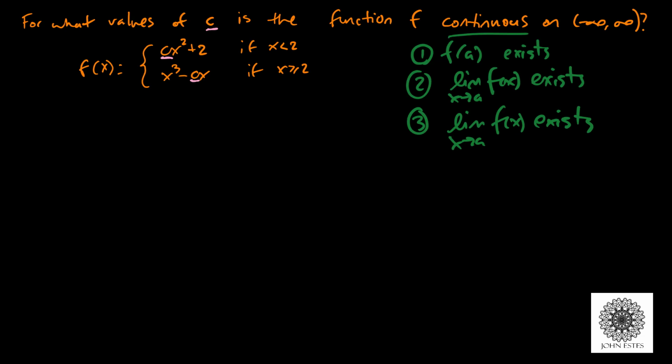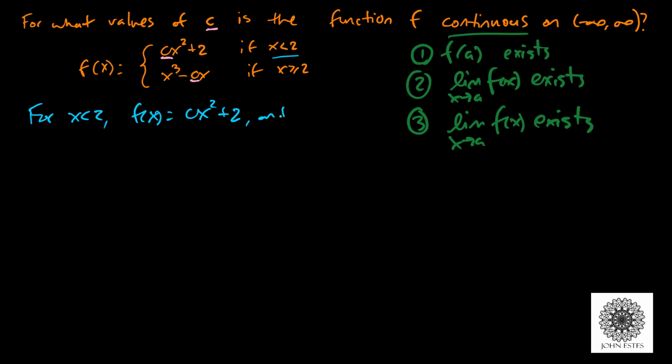So, for example, for x less than 2, f of x simply looks like cx squared plus 2, and we don't know what c is, but this is a quadratic, and so we're continuous everywhere here.